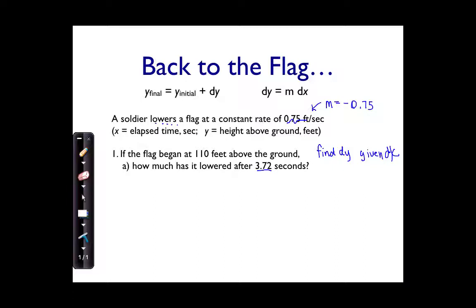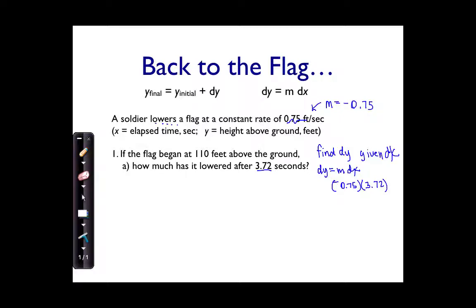To do this computation, I'm going to use dy equals m dx, where m is my negative 0.75, and dx is 3.72. If I multiply that together, I'll get negative something, which if I were stating it in a sentence, I probably wouldn't write the negative.